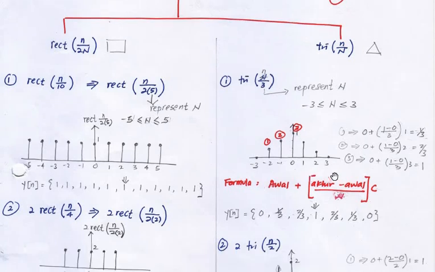So it's a triangle shape, but starting from 0. So 0, 1, 2, 3. Okay, 0, and then up to maximum is here. Okay, you have the negative 3 and 3, but it must start with negative 3 until 3. End at 3.